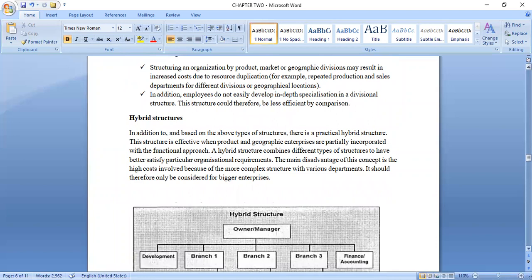Even when it comes to specialization, these employees will not get what I should call a thorough development of their skills.